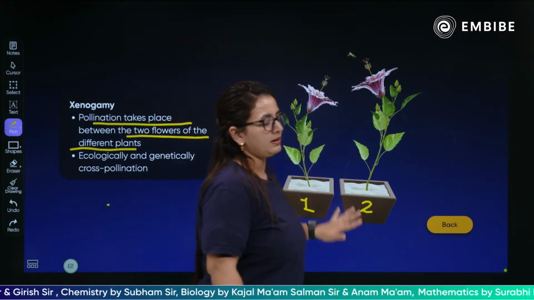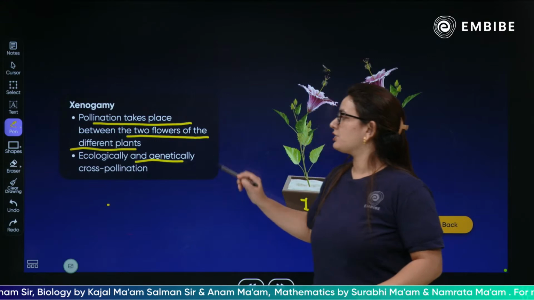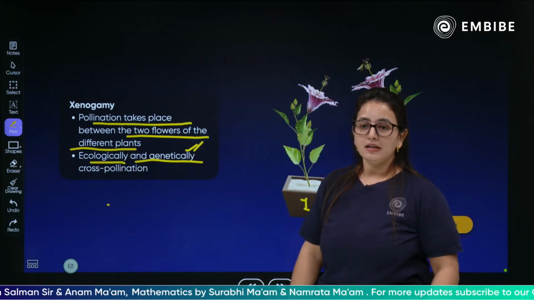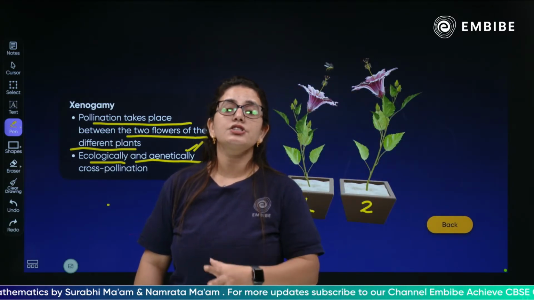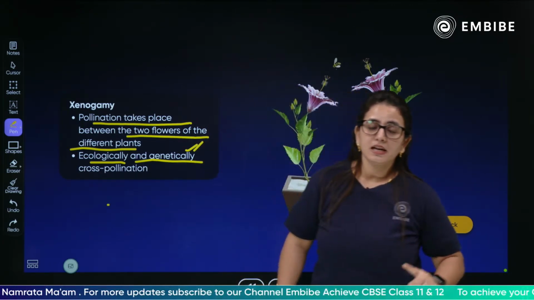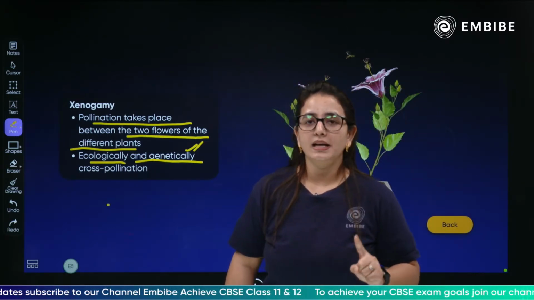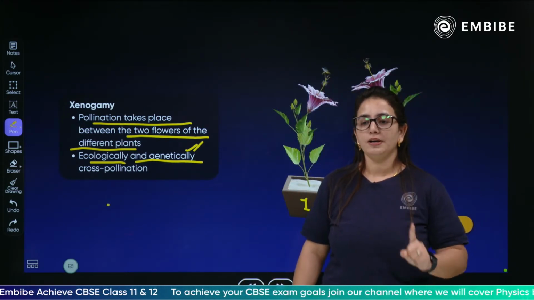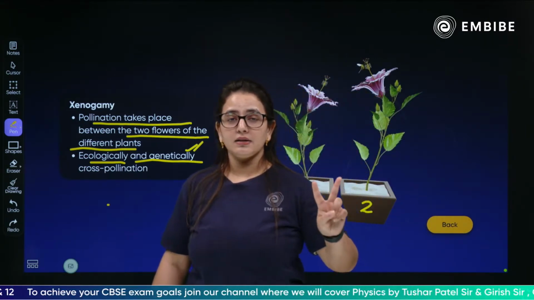So this type of pollination is called Xenogamy, a typical cross pollination, which is ecologically and genetically different. In Geitonogamy there is no genetic variation, but in Xenogamy there has to be genetic variation, and ecologically there is also a variation.